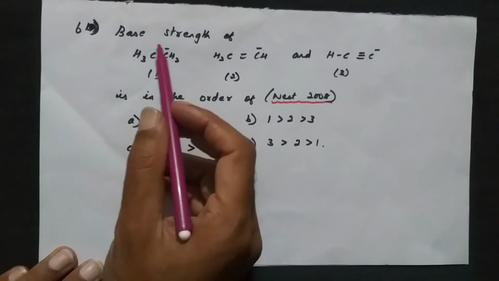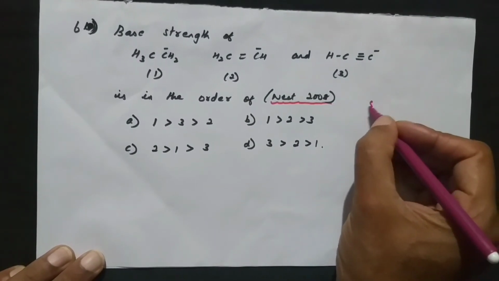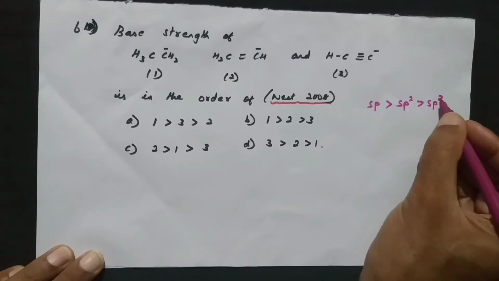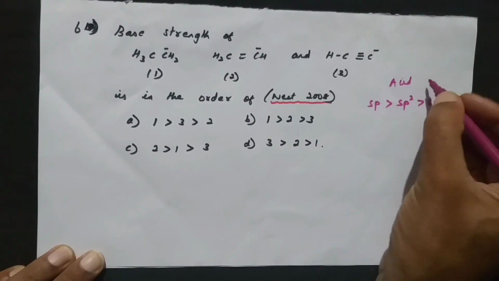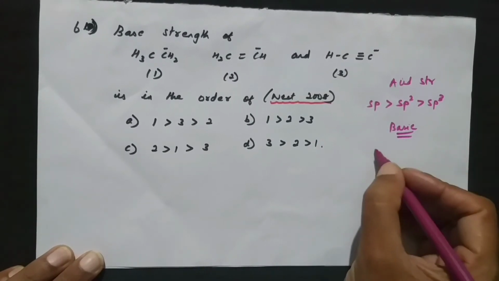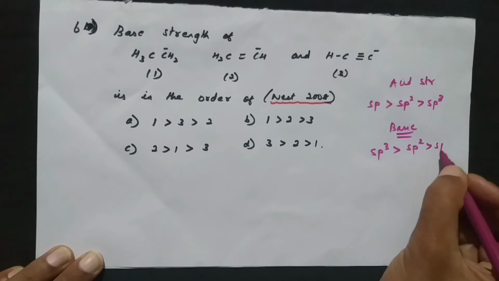So the next question will be on base strength, or the basic strength. Acidic strength will be sp greater than sp² greater than sp³. This is for acid strength. So basic strength will be opposite: sp³ will be first, followed by sp², followed by sp.